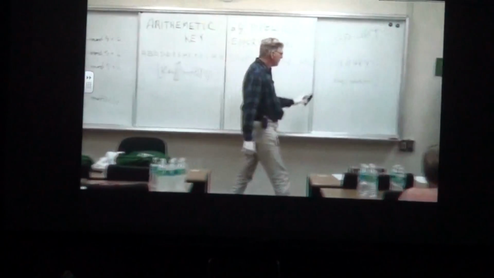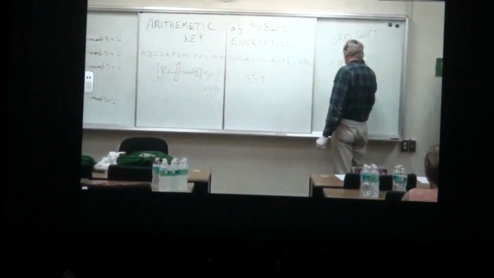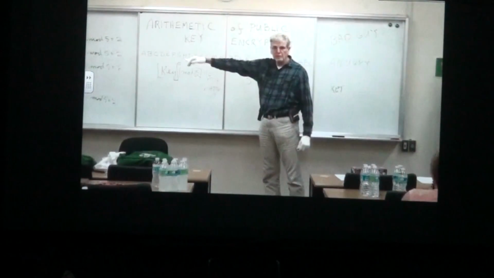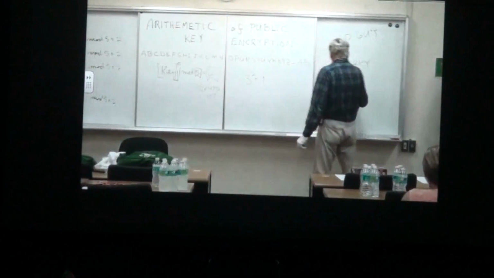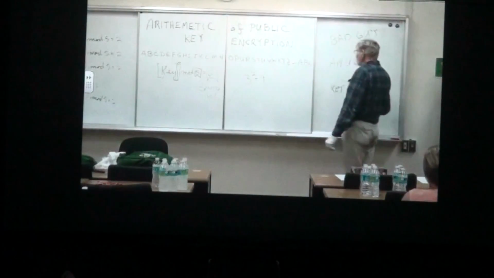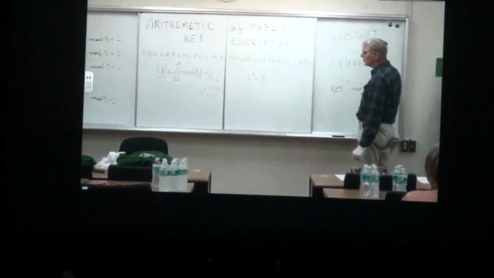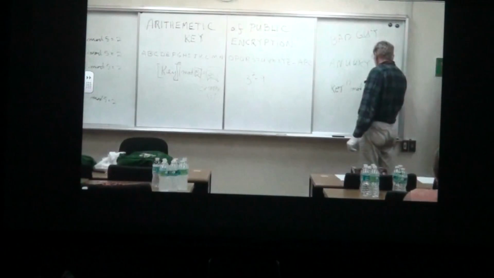Now this is the reason that even though the bad guy knows exactly what you're doing, he knows that you are taking your key, which he doesn't know. He knows you're taking it to the 17th power because that's public. And he knows that you're then taking modulus 3233 because that's public also.